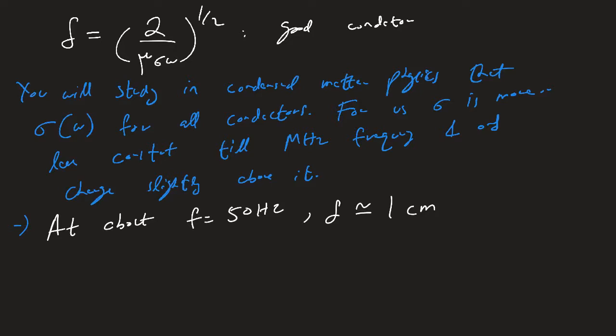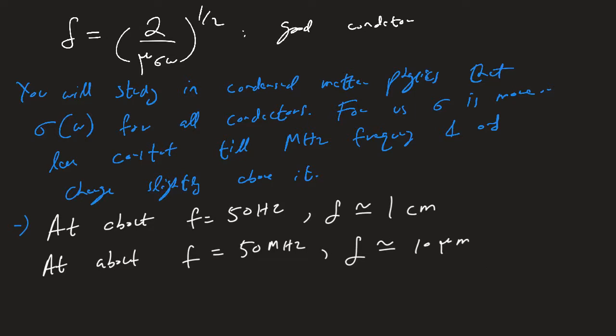Similarly, at about f equal to, let's say, 50 megahertz, so it's a million times faster frequency, the skin depth delta is approximately 10 micrometers, right? Why?